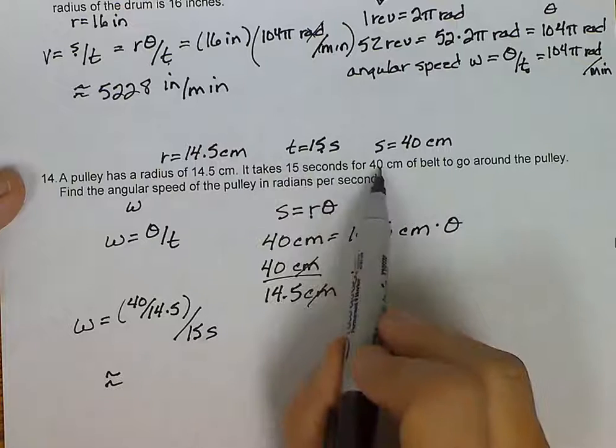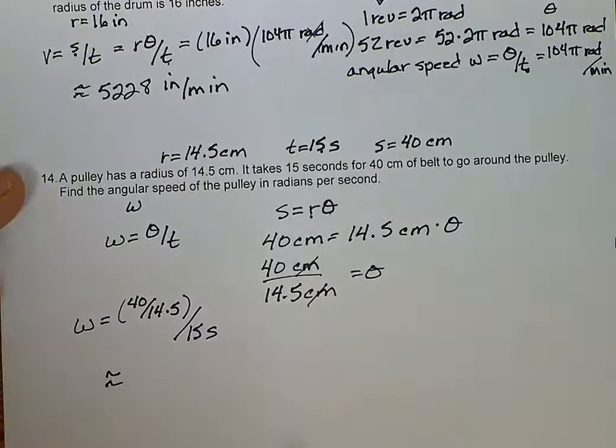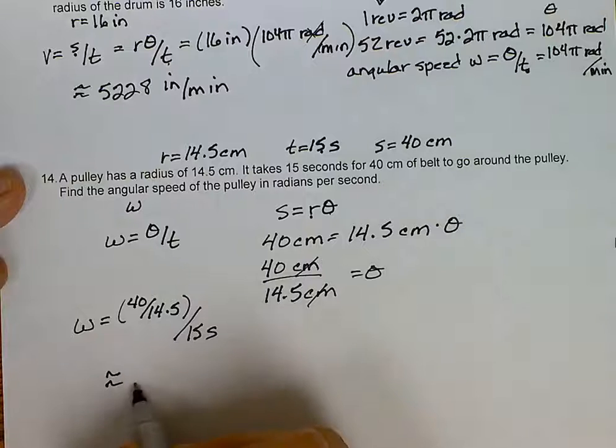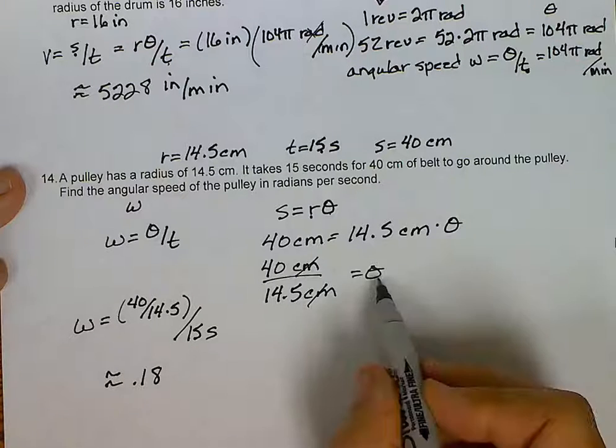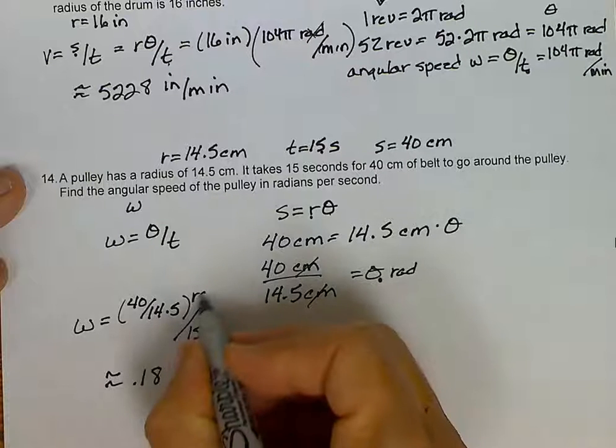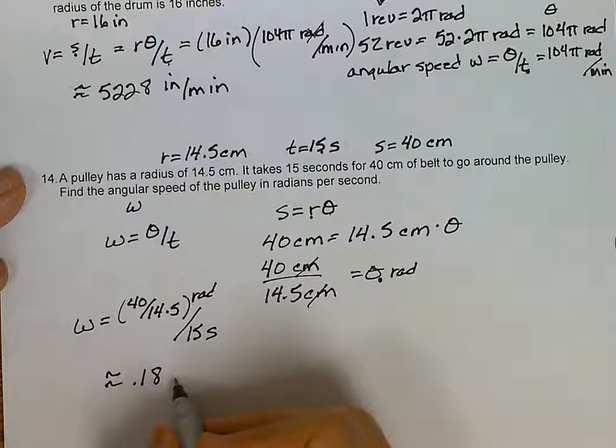Now for this one, let's use significant digits. Let's say 2 significant digits. So I'm going to round this to 2 decimal places, and that gives me 0.18. In this one, since our angle was actually in radian measure, this is radians, and that means that for this angular speed we have radians per second.